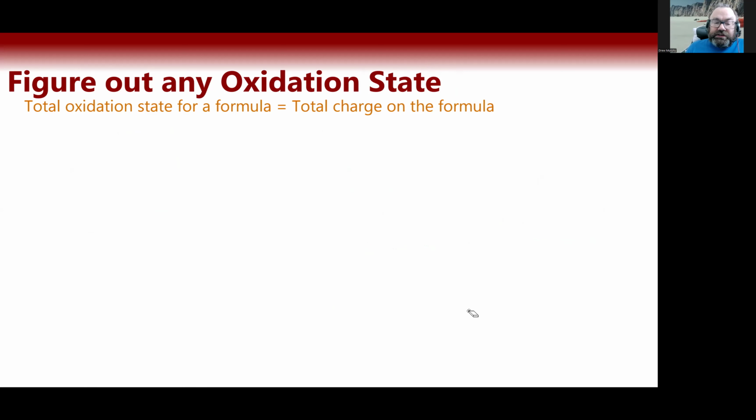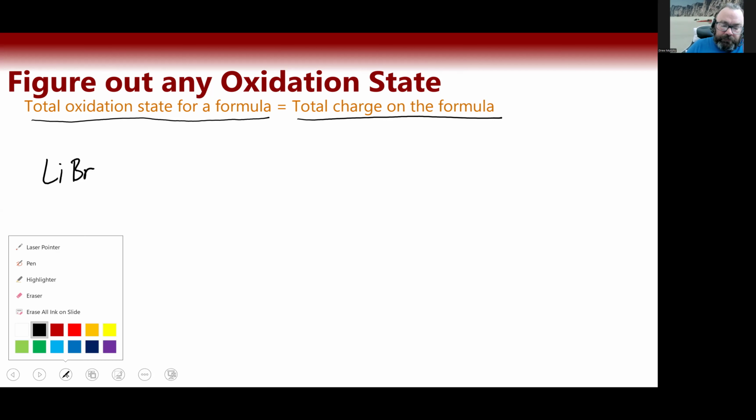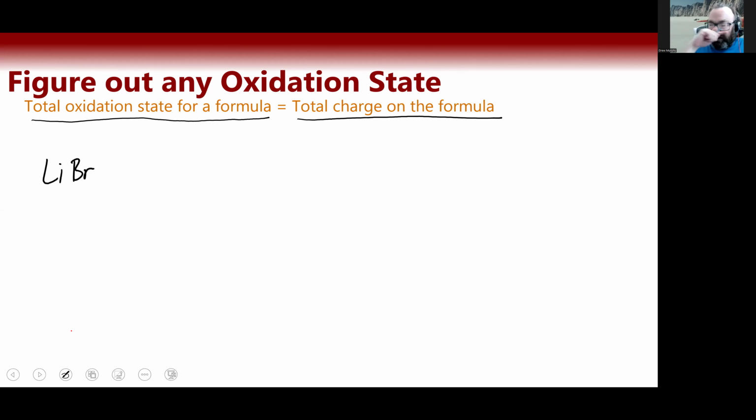Figure out any oxidation state. This rule tells us that our total oxidation state on the formula is equal to the total charge on the formula. Okay, let's use one of our earlier examples to test this out. If we have LiBr, lithium has a positive charge, bromide then is a negative charge.